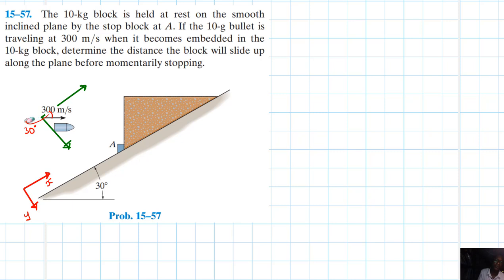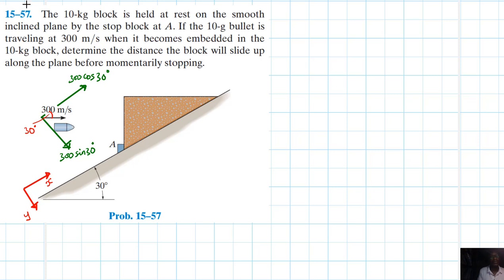This is 30 degrees, and this therefore is 300 cos 30. This one is 300 sin 30. Our interest is this one.